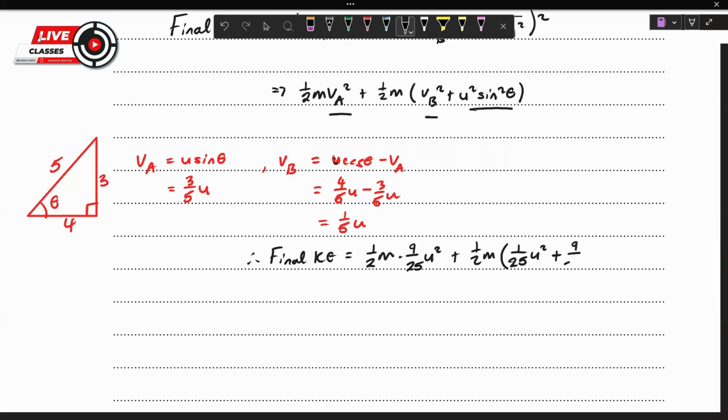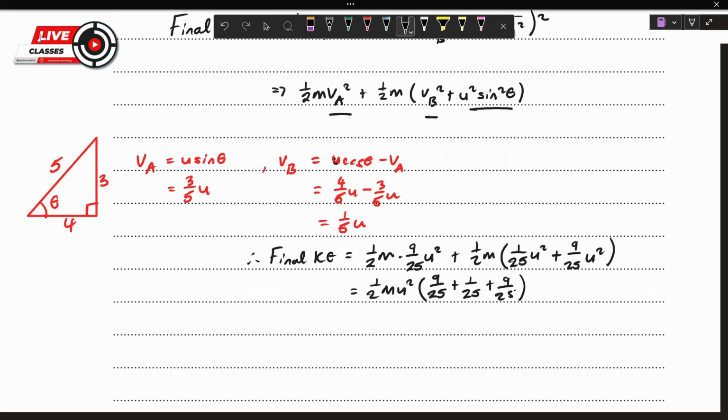So we have 9/25 U squared essentially. So if I factor out half mu squared, we have 9/25 plus 1/25 plus another 9/25.